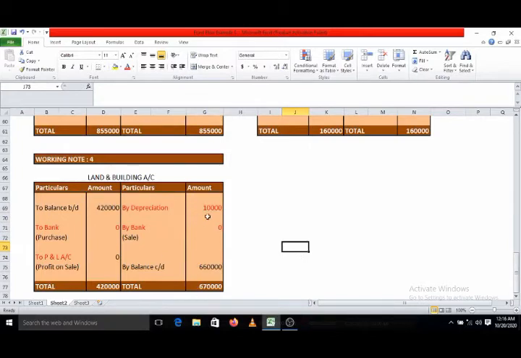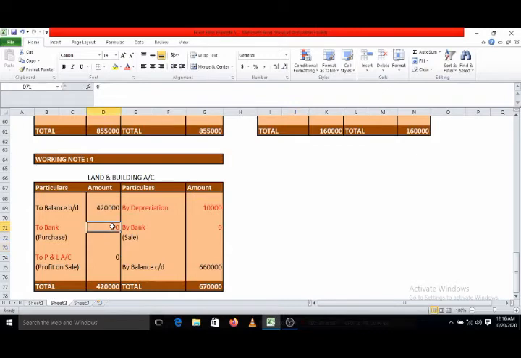Now you can check out credit side total is 6,70,000, whereas debit side total is 4,20,000. It means there is something missing on the debit side. What is that? Most probably the purchase. Here we cannot say that profit on sale because sale amount we don't know. So it will not be there. So that is nothing but the purchase of new asset.